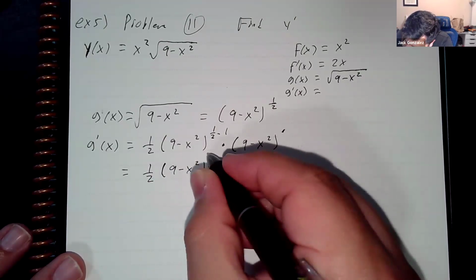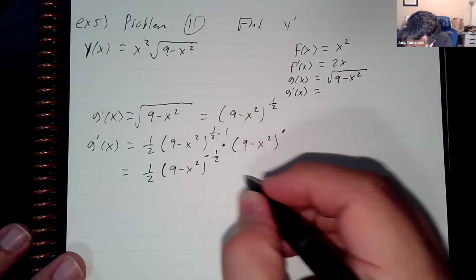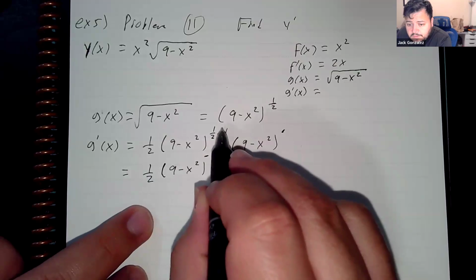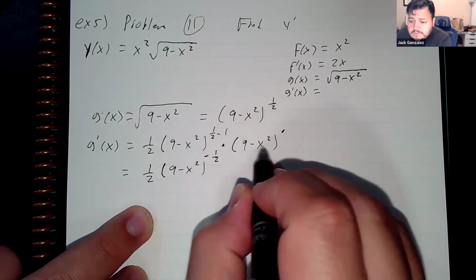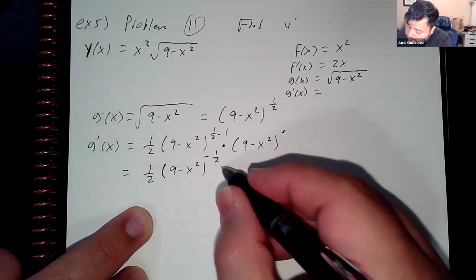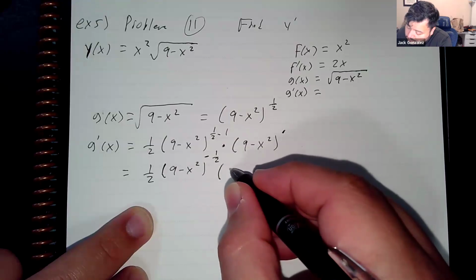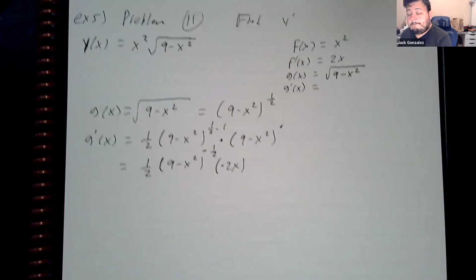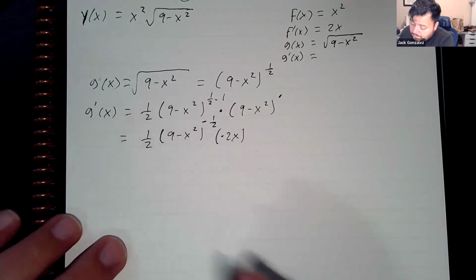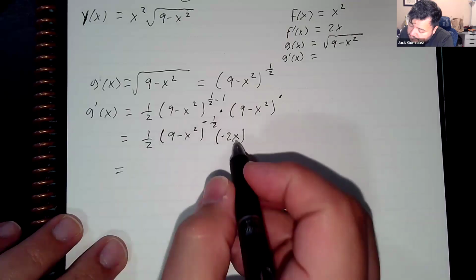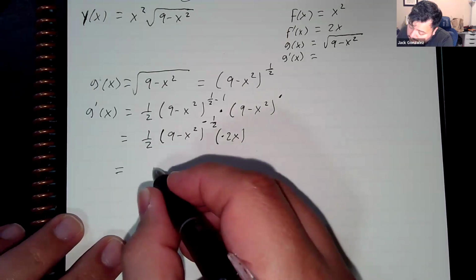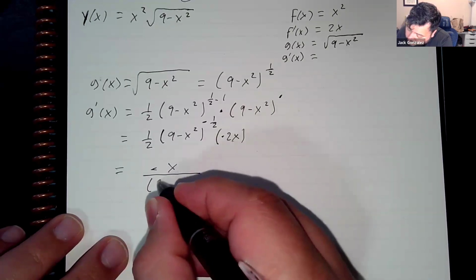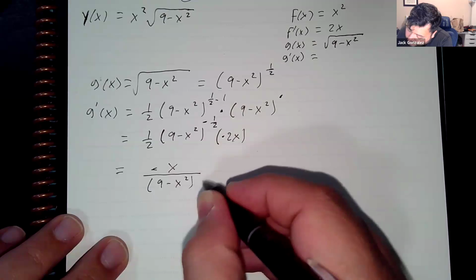At least for the chain part, not the actual question. So here's the outer derivative, right? Bring down the 1/2, subtract 1, times the derivative of the inside, which will be negative 2x, right? Simplify this, 1/2 times a 2, that'll be negative. This will be negative x over 9 minus x squared to the 1/2.